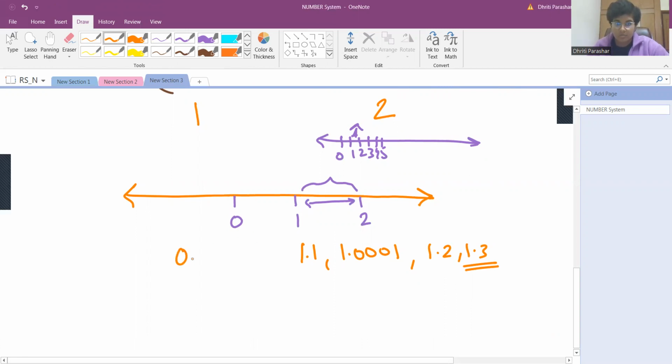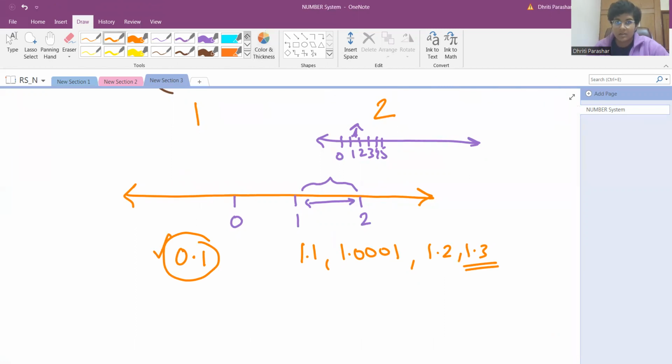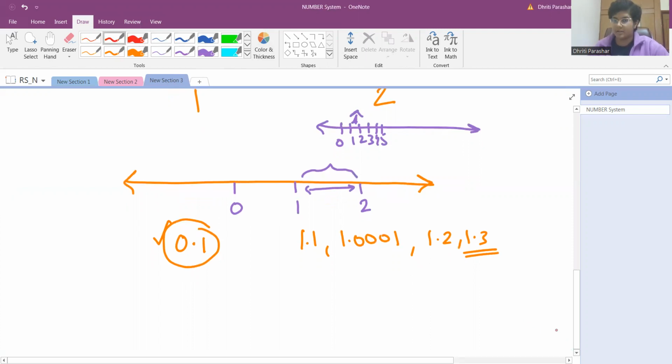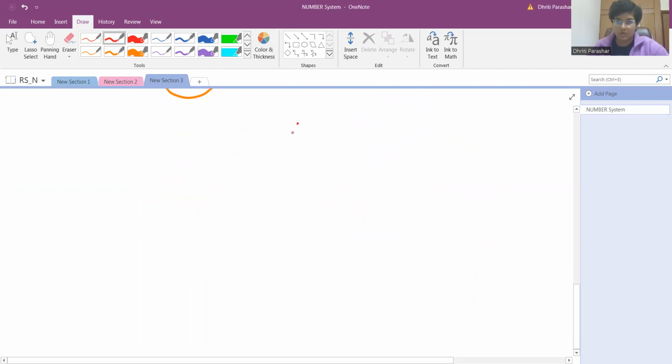If I say 0.1, the question is, where does this lie? So here we come across another category of numbers. Look closely at this number, 0.1. This is basically 1 divided by 10, right?